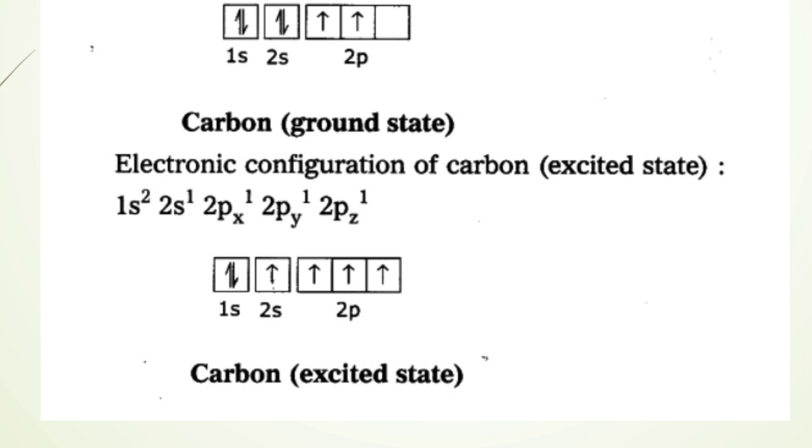The electron jumps from the 2s orbital to the higher energy 2pz orbital because the valence electrons absorb the heat and jump to higher energy level orbitals.